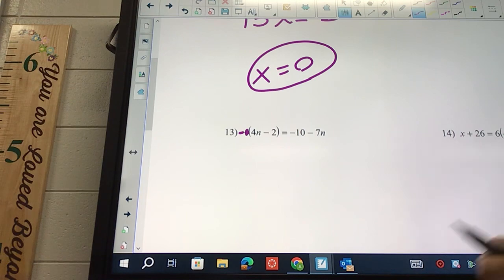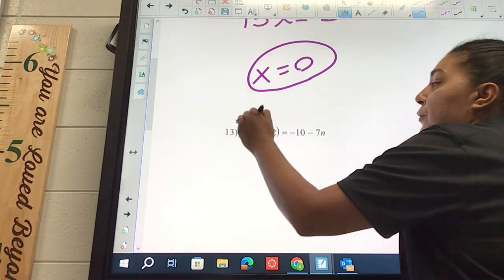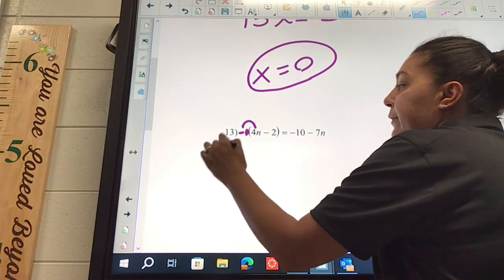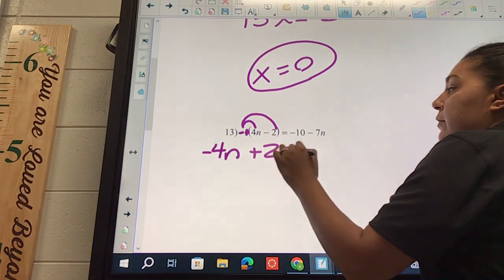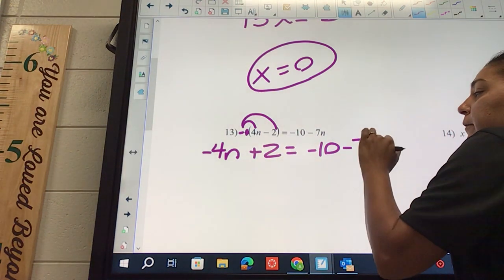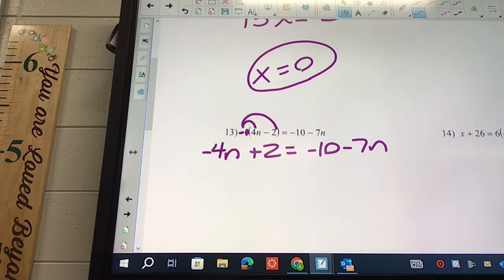Mine I have a hard time writing it, but so I got -1 times 4 is going to be -4n. -1 times -2 is a positive 2. It is like flipping all the signs on the inside of the parentheses.